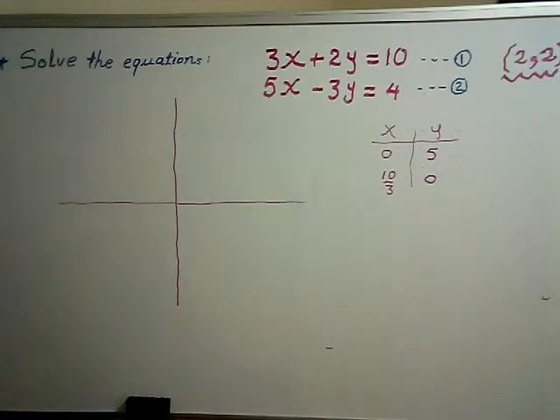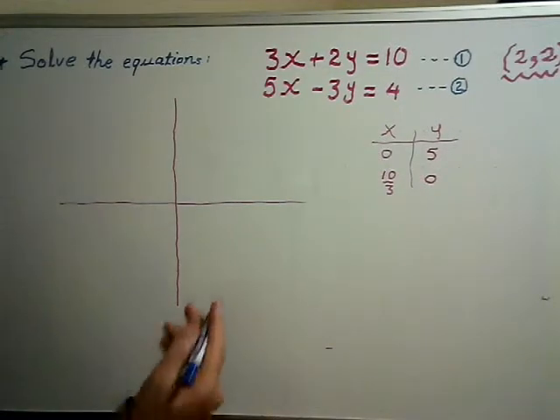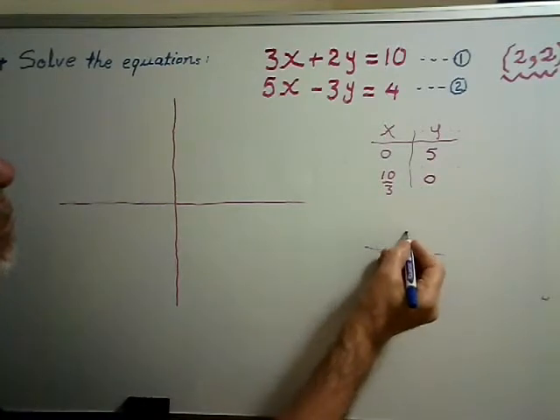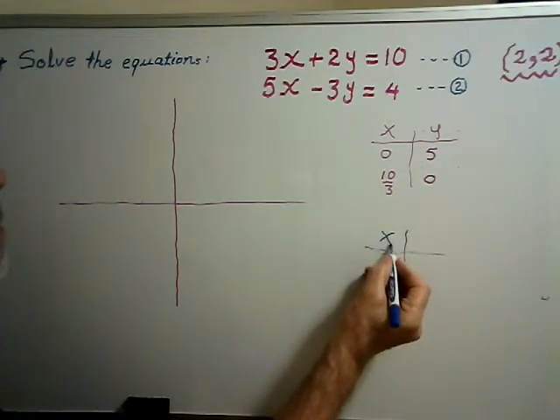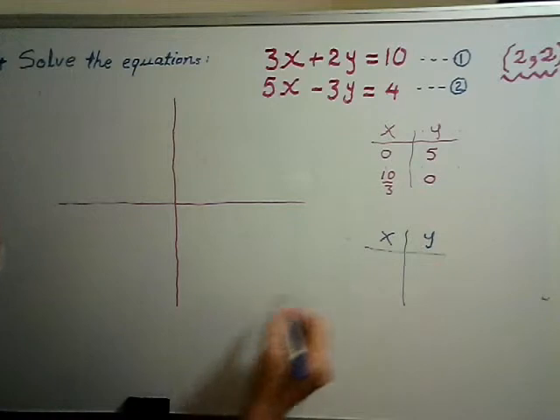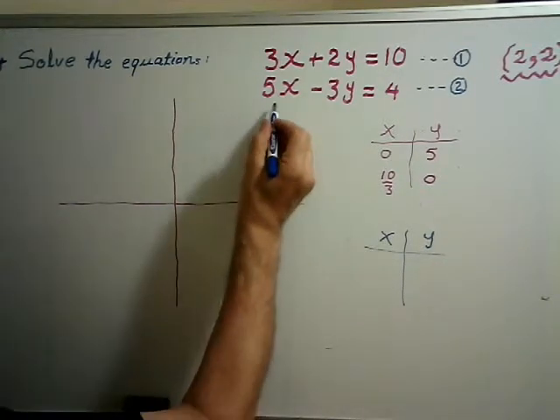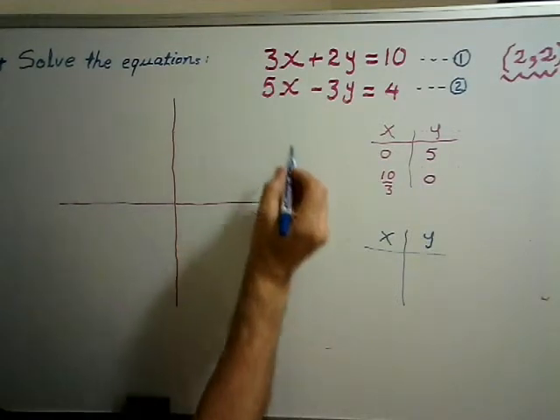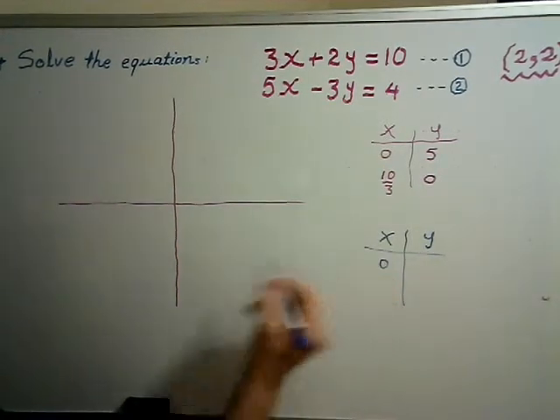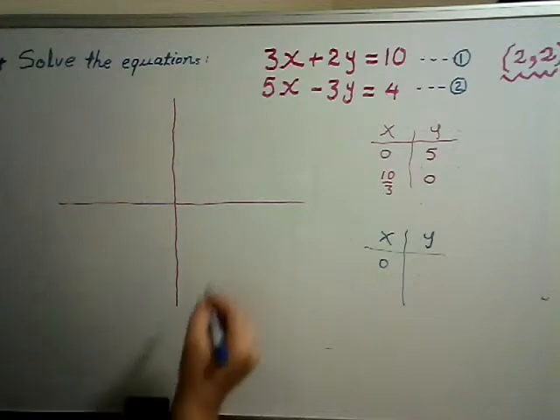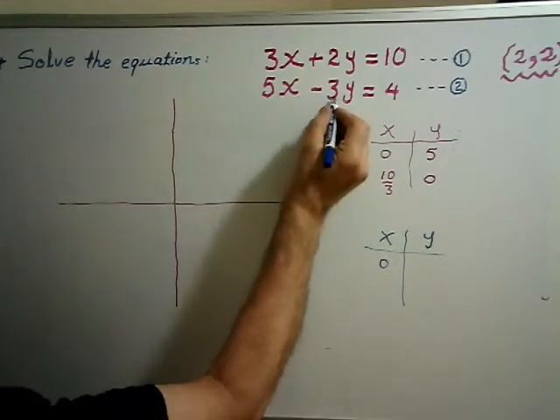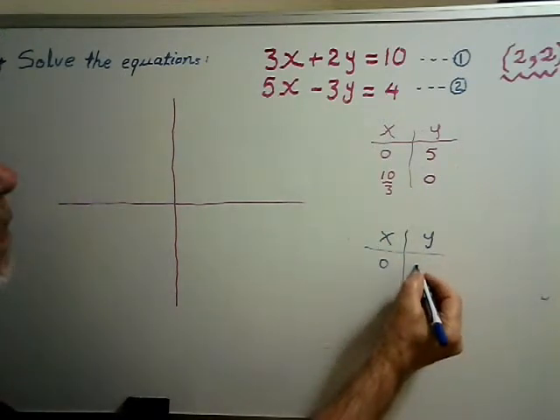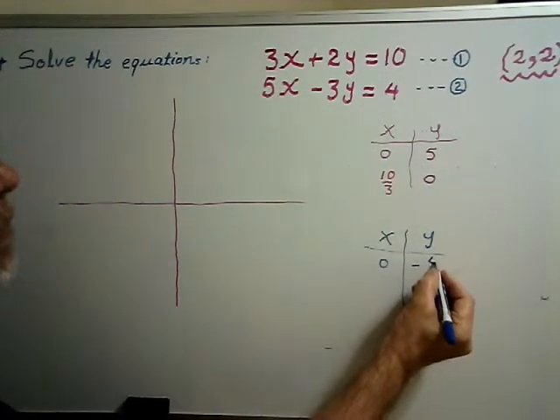And we do that for the second equation. For the second equation, we'll do the same. X and y here. And get the intersection point with the y-axis by putting x equal to 0. In this case, negative 3y is equal to 4. That means y is negative 4 over 3.